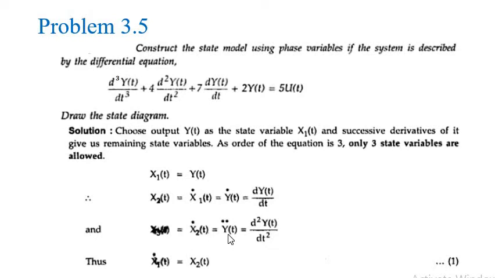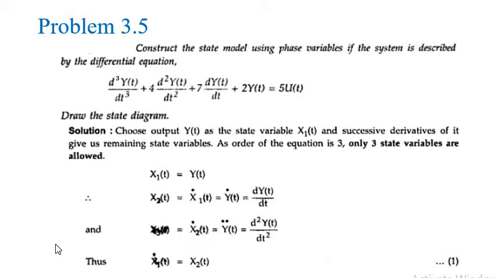Now we have chosen the state variables, and in order to write the state equation, we need to find the first order differential equations of all the state variables. The first state variable was x1 and the first order differential equation will be x1 dot.